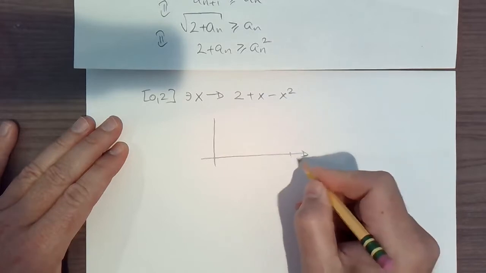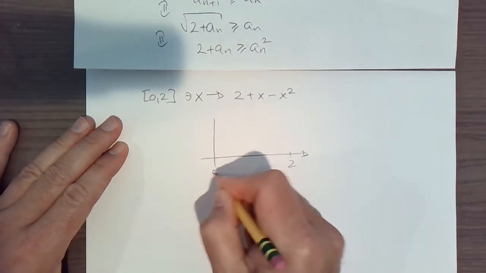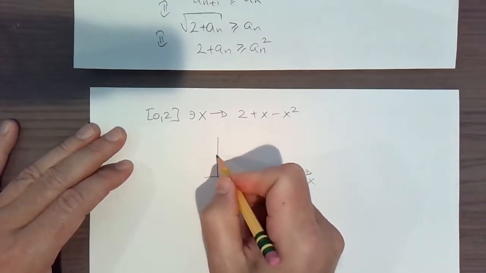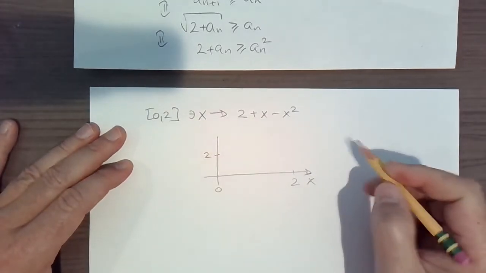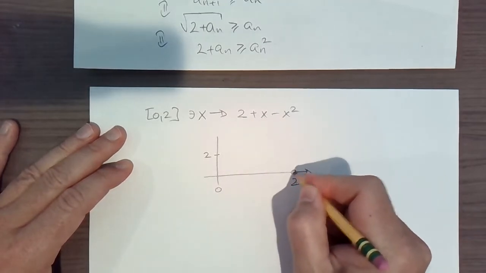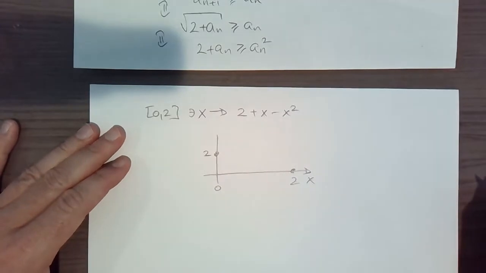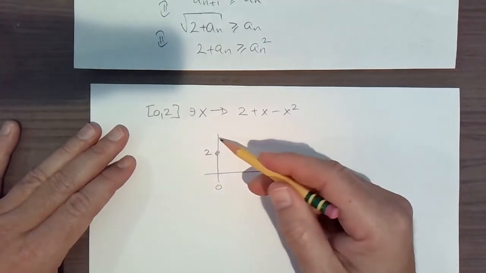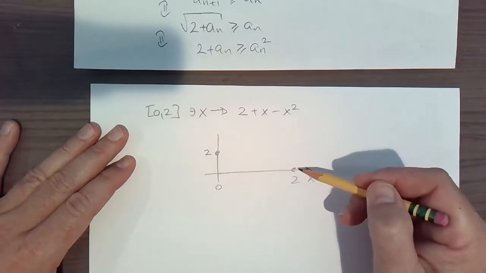Here I'll have 2, here I'll have 0, here I'll have x. If I take x equal to 0, I'm going to get a 2. And if I take x to be 2, I'm going to get a 0. So it's here, it's here. I know it's a parabola that has the legs downwards.